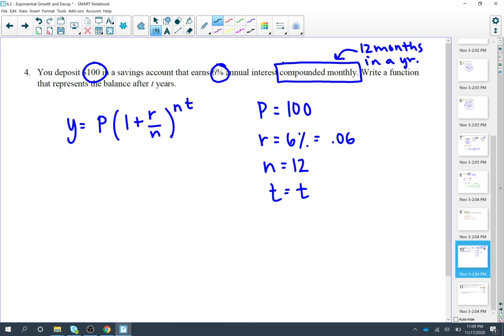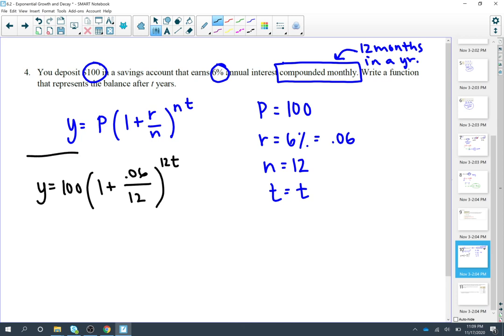So if we want to write out this function, we have y equals p is 100, times 1 plus r we're writing as 0.06 over n, which is 12, to the power of 12 times t. That is 12 times t, and it is all one exponent.